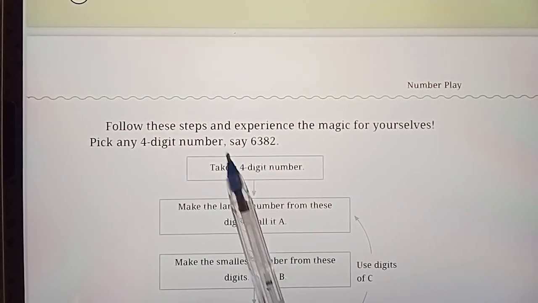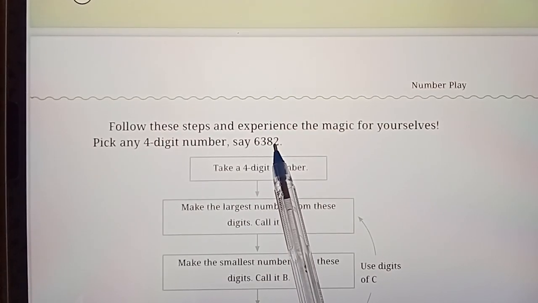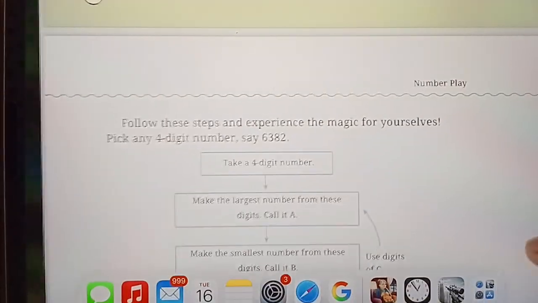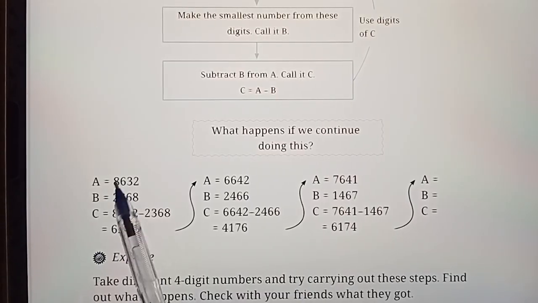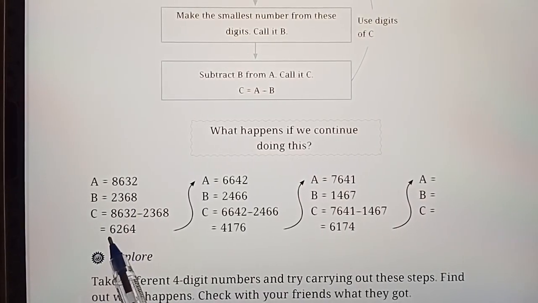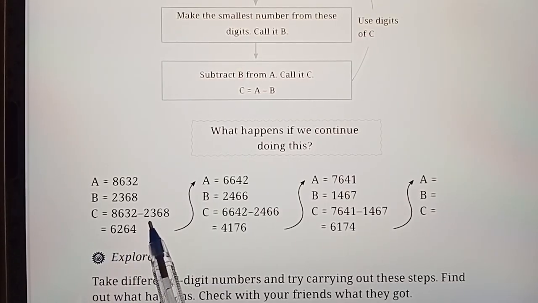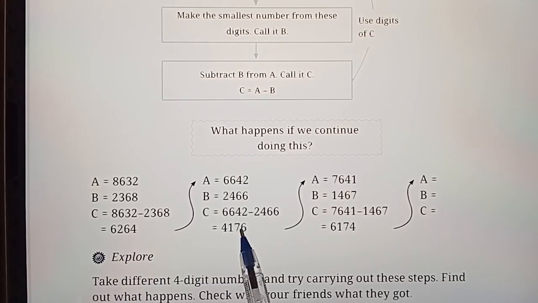Then you make the smallest number. That is 2368. That's the smallest number. Now you subtract this from this, and you'll get a number. Now you continue the same process. That is, take the biggest number and the smallest number from the digits of this result and find the difference.